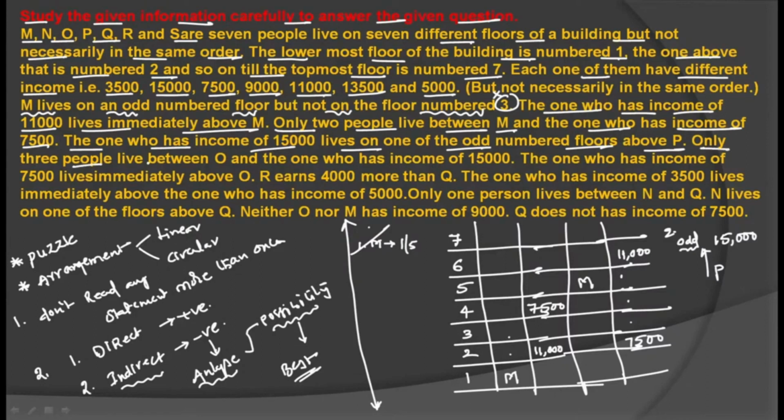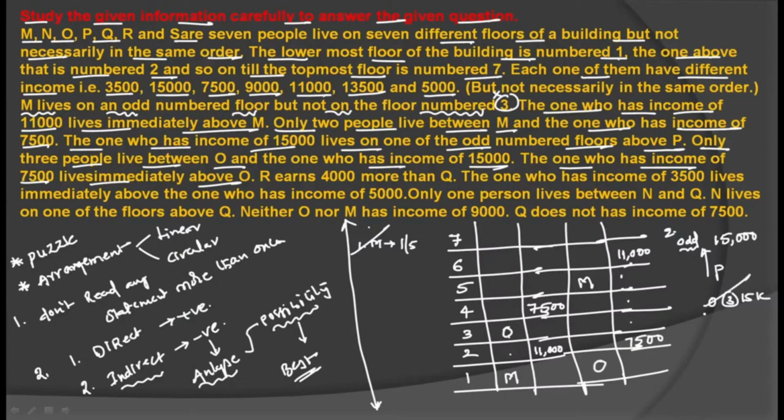Next one. Only 3 people live between O and the one whose income is 15,000. There is another piece of information: only 3 people live between O and the one whose income is 15,000. You already know that the person lives on an odd number floor. Next one. The one whose income is 7,500 lives immediately above O. You can confirm here the third floor, here the first floor.